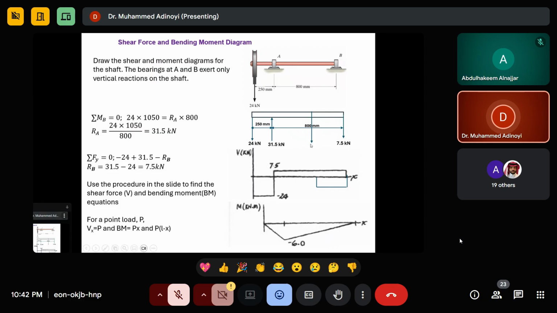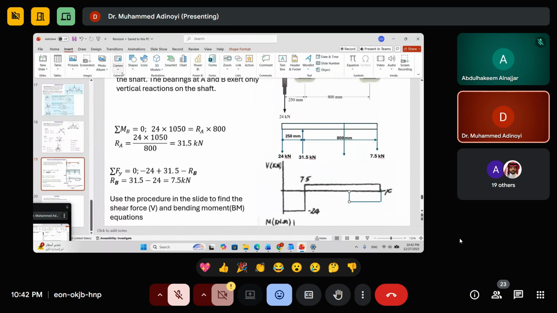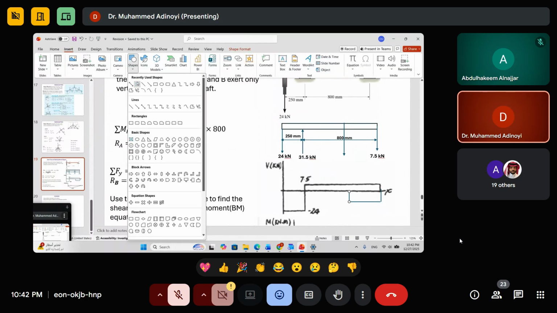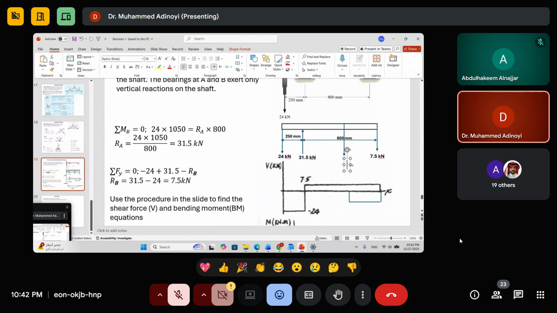But if you meet a load, like in this one now, assuming we meet a load, and this load is, let me put something here, let me say 50 kilonewton.